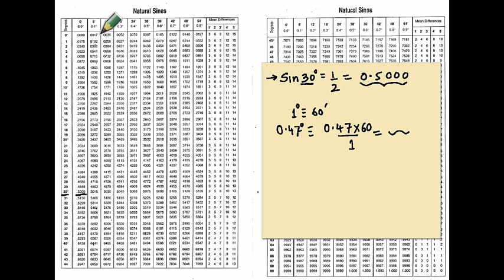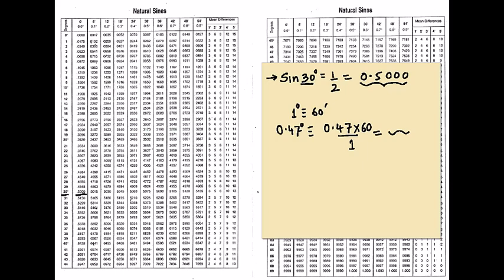Now remember, for the rest of the numbers they've not put decimal points, but the decimal point is there. For example, if the number here is 2639, it's actually 0.2639. They've only written the decimal point in the first column, but remember that for the rest of the columns also, the decimal point is there.